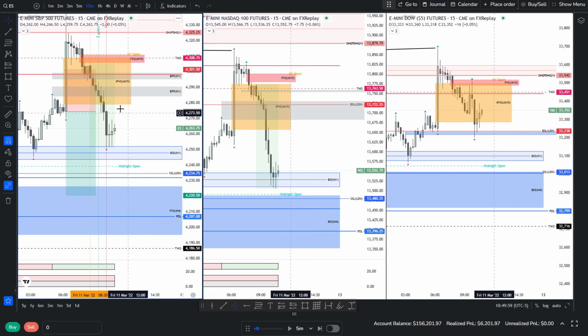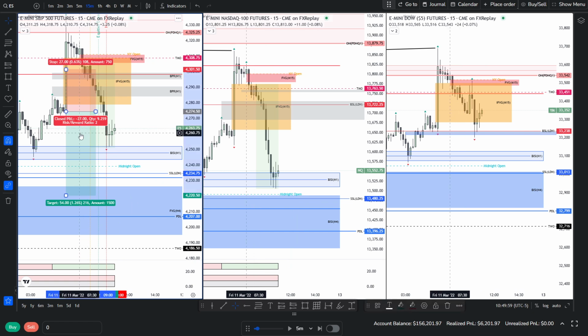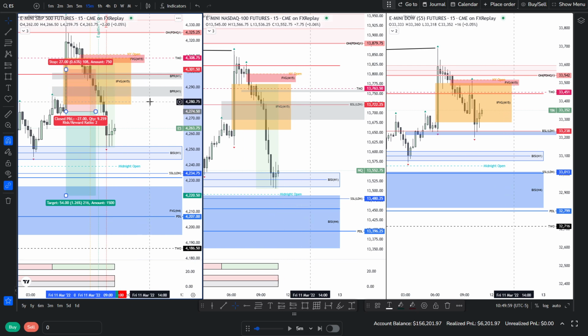So I'm interested in going short. I'm interested in going short, but let's just see what time we're at. It is getting late into the day and sort of getting outside of, monitors want to turn off, and the market has moved quite a way, but it has retraced.